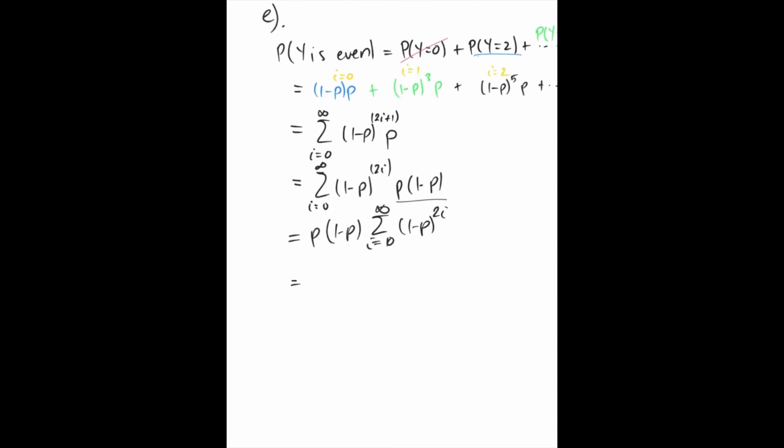Now, using our index laws, the power of 2i is the thing squared, to the power of i. So we can write that as ((1 minus p) squared) to the power of i.